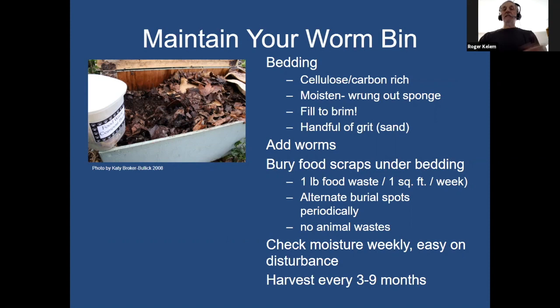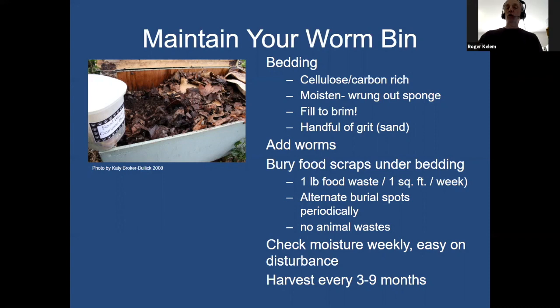So if you're going to create a worm bin, the worms need not only food, but they need bedding, which generally is strips of newspaper or cardboard. It's moist, so it's like a wrung out sponge, like in the yard waste environment, and a little bit of sand or something because the worms have gizzards. They don't have teeth, and so they need sand to be grit in their digestive system to break up the food.